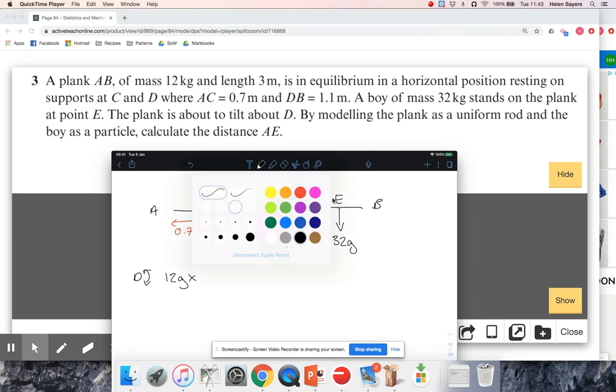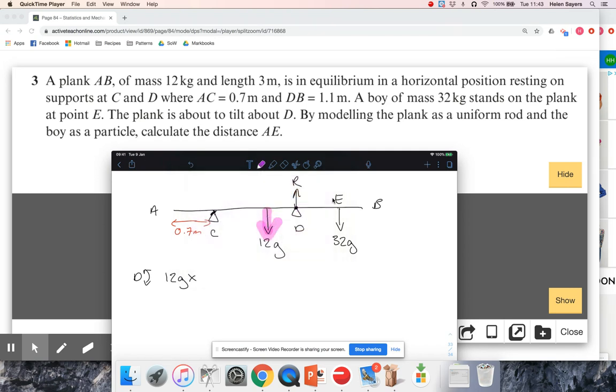So we haven't done the distances yet. They tell me in the question that D is 1.1 meters from B. So if the whole thing is 3 meters long, I know that that is 1.9 meters from A. Just take away 1.1.